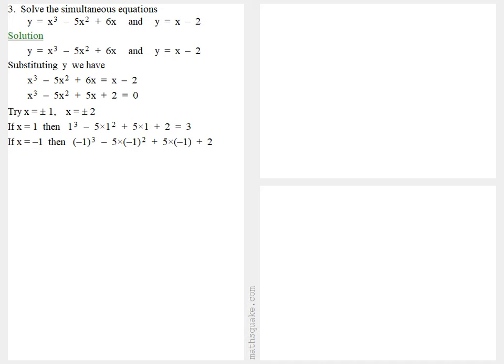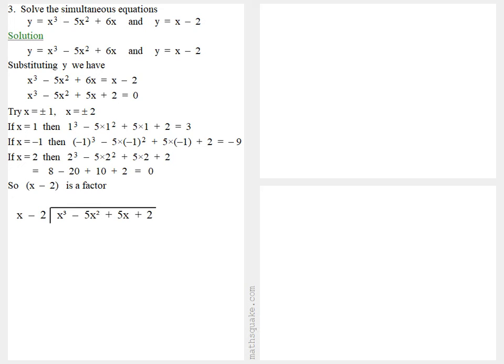If x is minus 1, we've got minus 1 cubed minus 5 times minus 1 squared plus 5 times minus 1 plus 2, and that works out to be minus 9. If we try x is equal to 2, then we have 2 cubed minus 5 times 2 squared plus 5 times 2 plus 2, which is 8 minus 20 plus 10 plus 2, which equals 0. So we know x minus 2 is a factor.